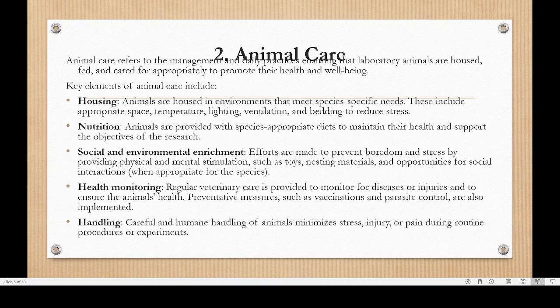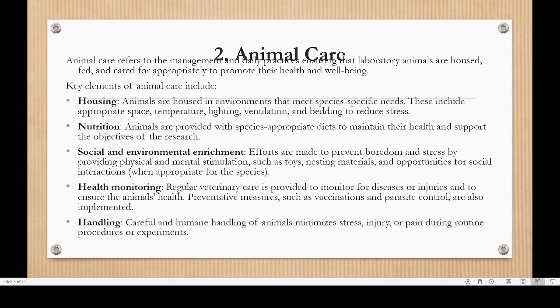Here is another picture where the animals are given food. These are different photos that show how animals are given food. This is an important aspect of animal care, giving them good food.